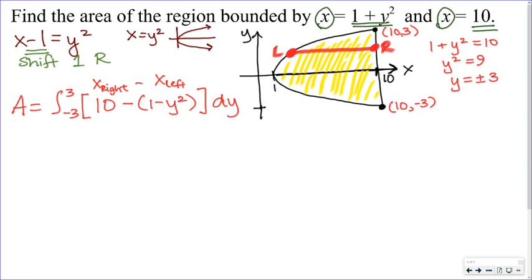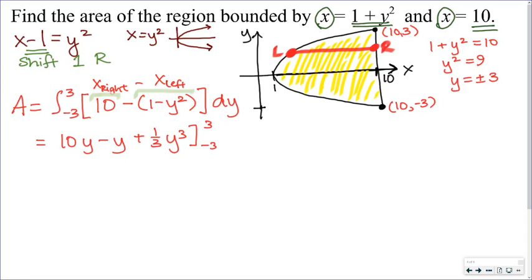And then I can quickly integrate this. This is going to be 10y minus y plus 1/3 y cubed from negative 3 to 3.